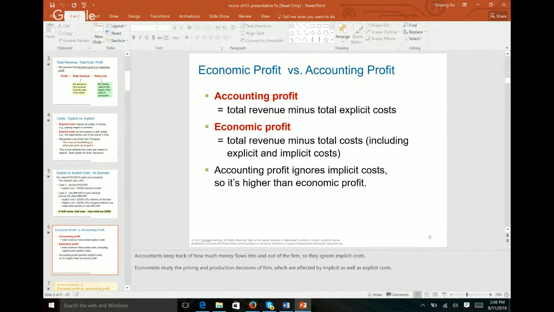Because for economic profit you're also subtracting your implicit cost, your economic profit is always lower than accounting profit. So sometimes you might have a company that earns a positive accounting profit, but by the end of the day, they're going to have either a 0 or a negative economic profit. So the economic profit is always lower than accounting profit.